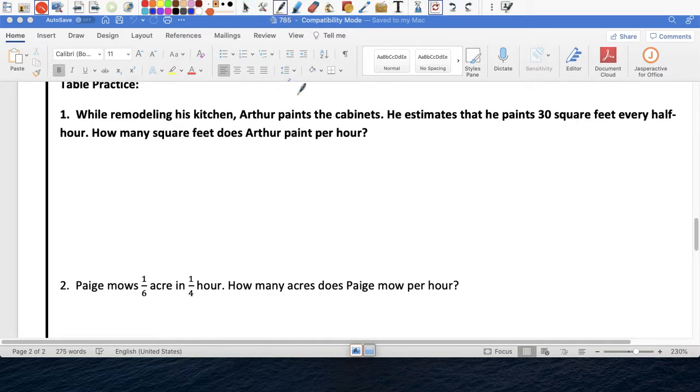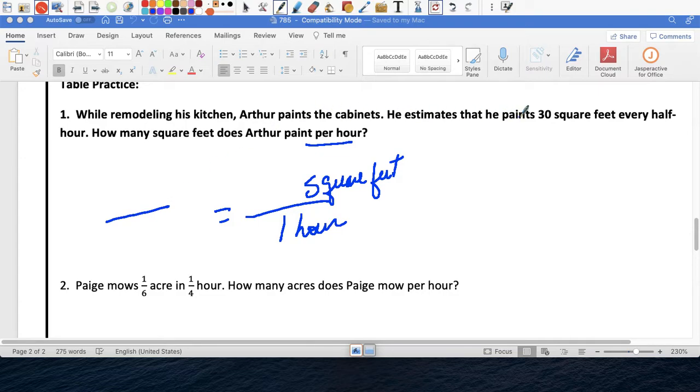How much does he do per hour? So again, per 1 hour, and here is square feet. So the rate that we have is that he paints 30 square feet in half an hour, times 2/1, and that's just going to give us 60 square feet. Okay.